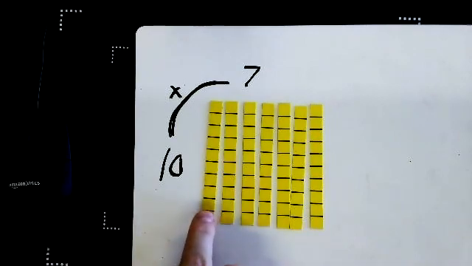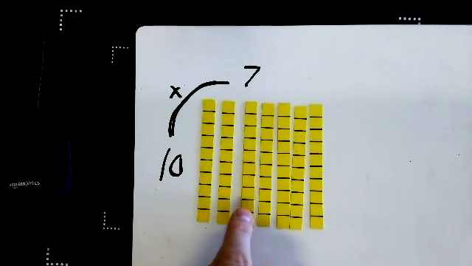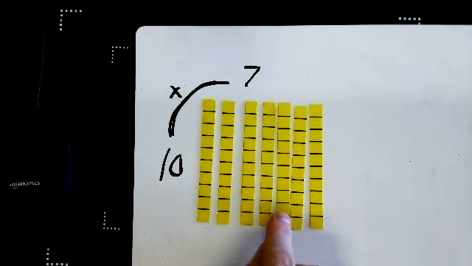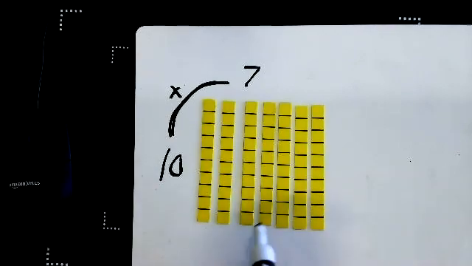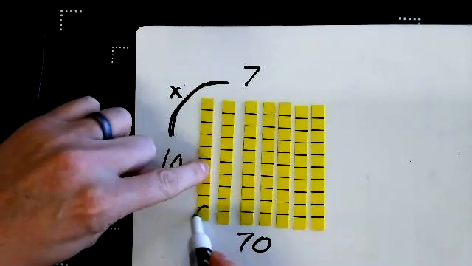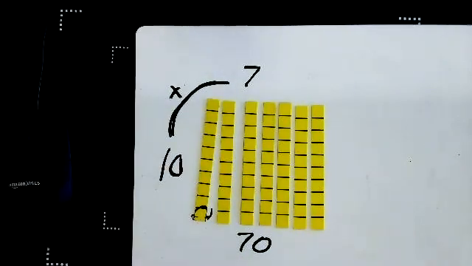So we can count them by tens. 10, 20, 30, 40, 50, 60, 70. That gives us 70 units. And a unit, remember, is just one of these little small pieces right down here. That is a unit.